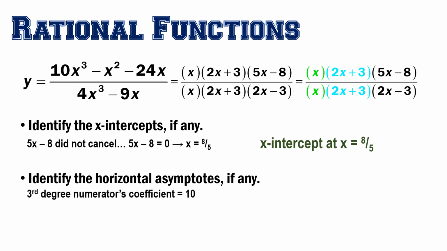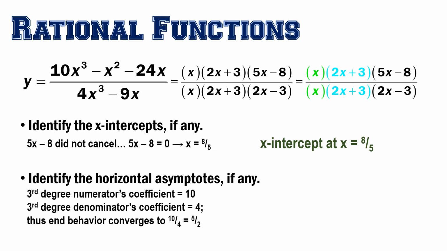And with a third degree numerator and a third degree denominator, we can take each of those coefficients, 10 and 4, and we divide them out. And we realize that this end behavior will converge to 10/4, which we could call 5/2. And we can then say that there is a horizontal asymptote when y equals 5/2. One last time to remind you, write the equation y equals 5/2.